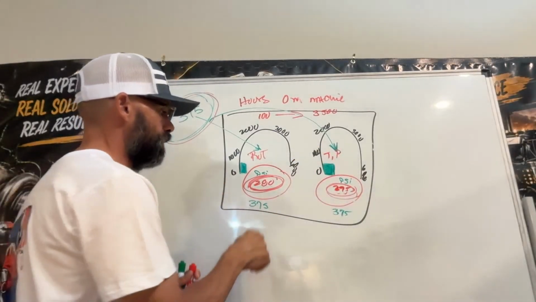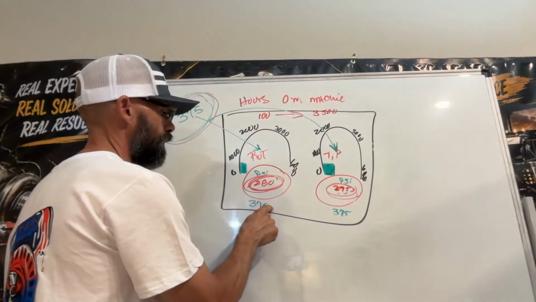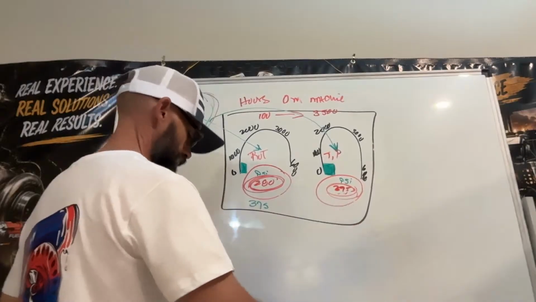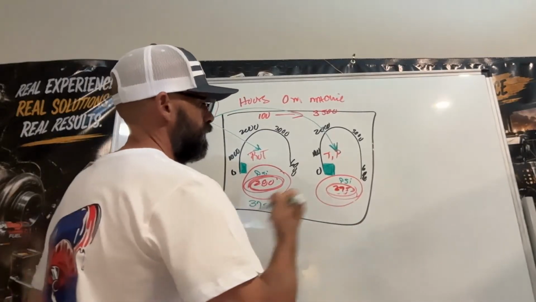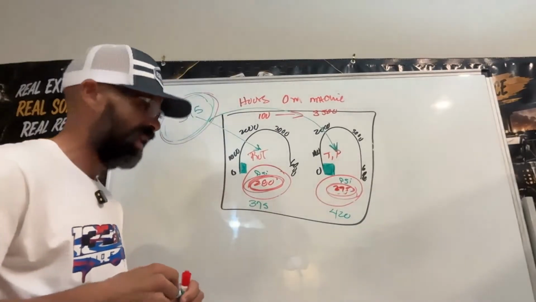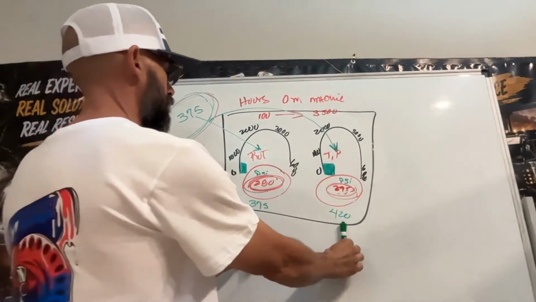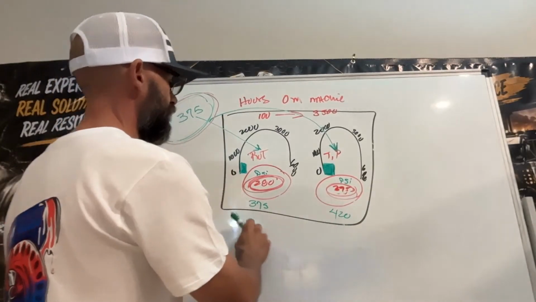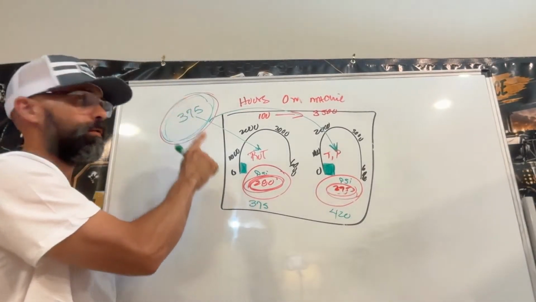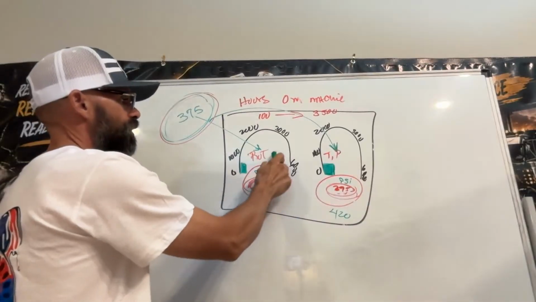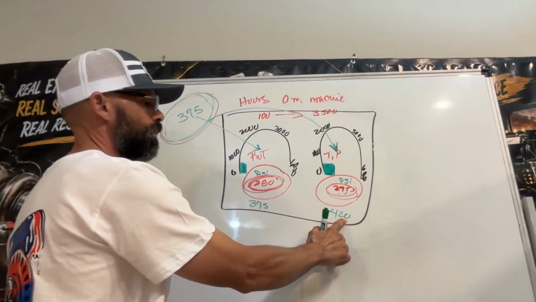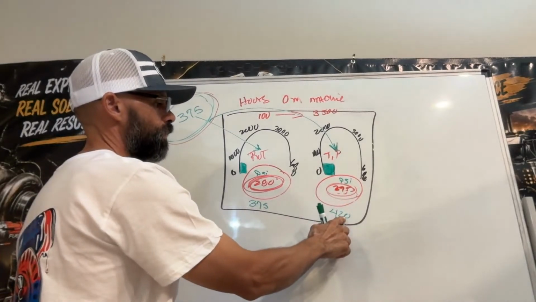But then on high idle, you get right here 375, and on this one you're getting 420. How can I make these two pressures be the same? Because you only have one relief valve for the tandem pump, but your rotation is reading 375, and your other gauge on the display is reading 420.